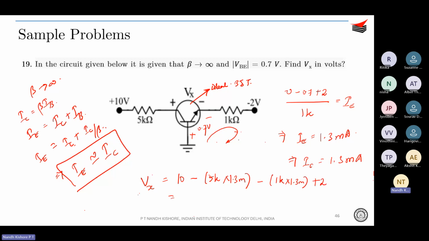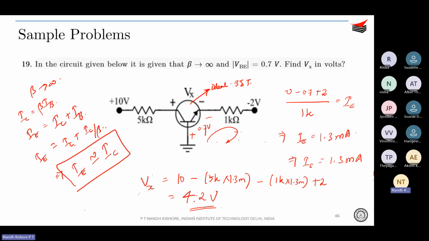So how much does it turn out to be? 5 into 1.3. So 12 minus 1.8. Yeah, so it's around 4.2 volts.